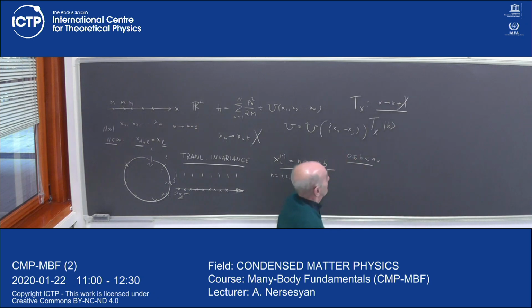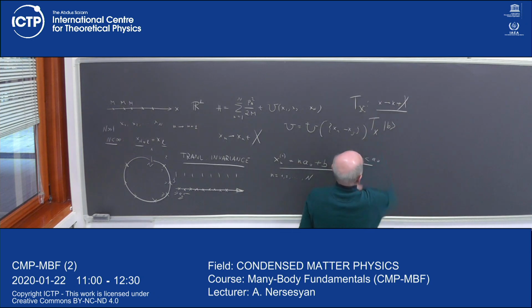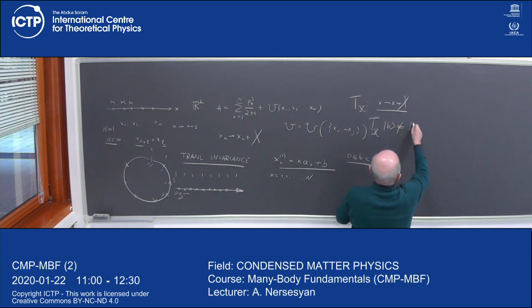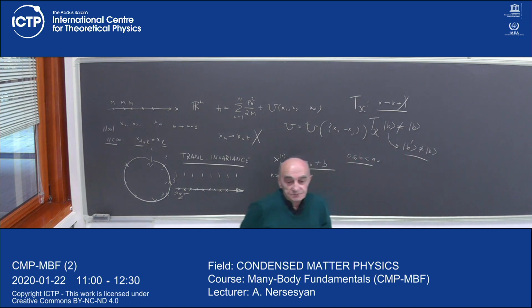It's a translation operator. Then this T_x B is not B. Instead, it is something like B prime, which is not equal to B. Translations generate different vacua, different ground states. And there is an infinite amount of those. The ground state is degenerate.